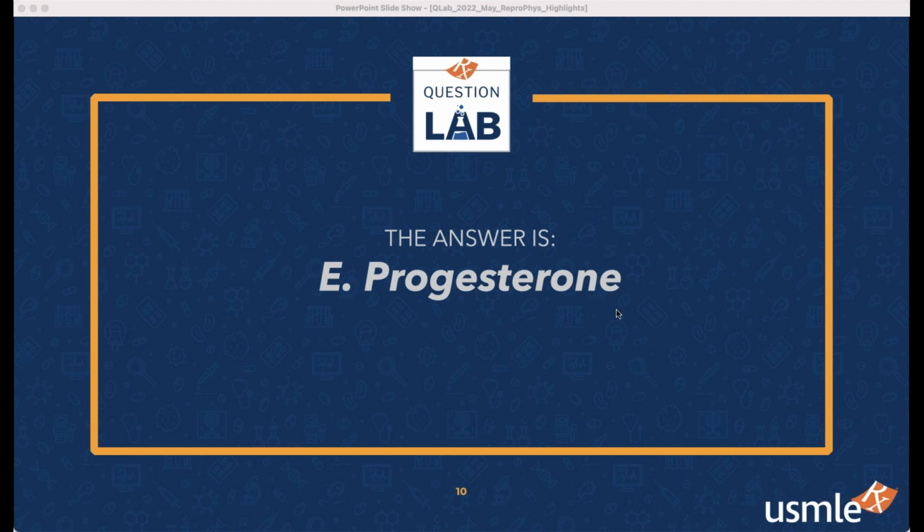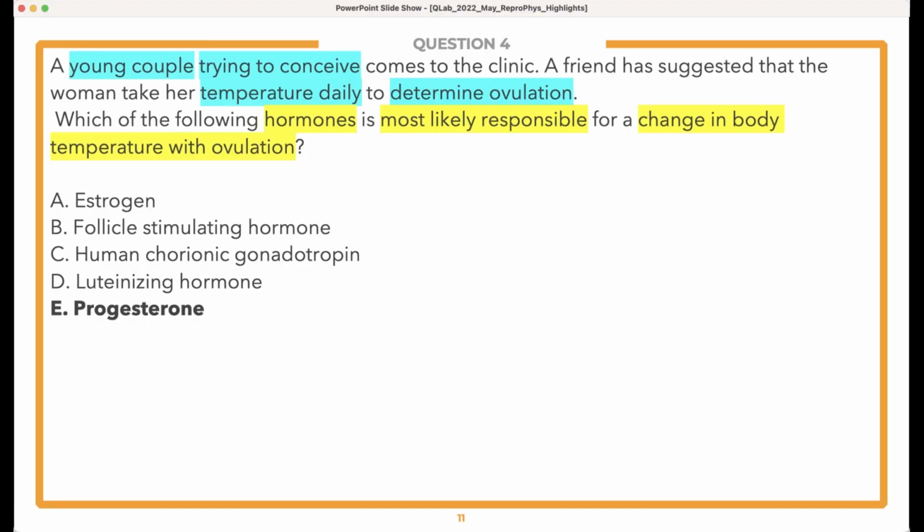Well, we know that shortly after ovulation, progesterone is made by the corpus luteum, okay? And it also acts on the hypothalamic thermoregulatory center, thus causing a woman's basal body temperature to rise and change throughout the menstrual cycle.